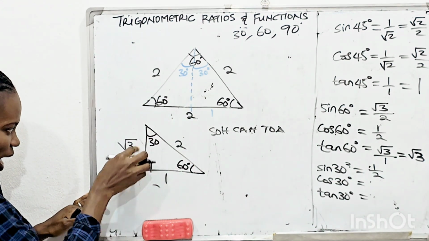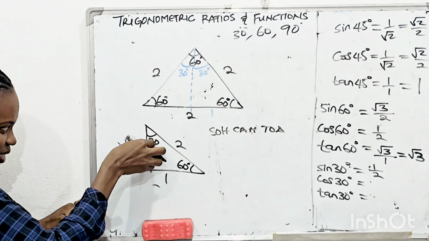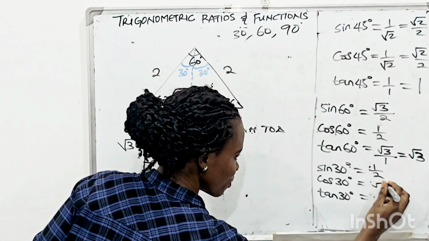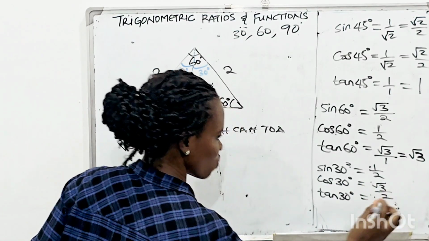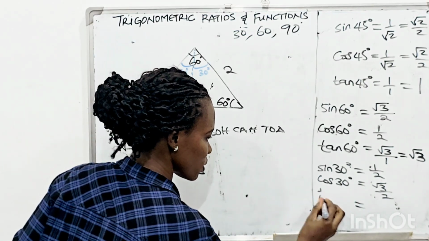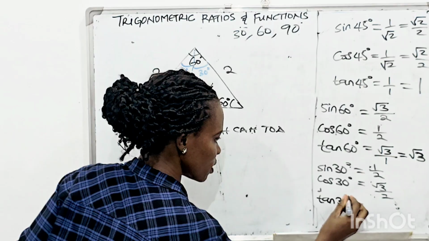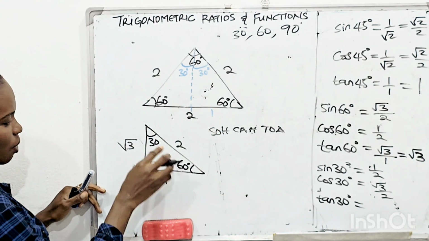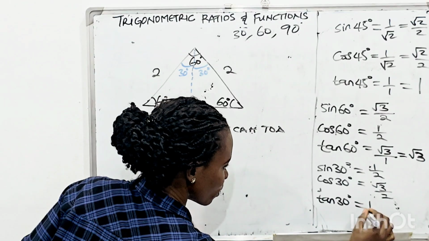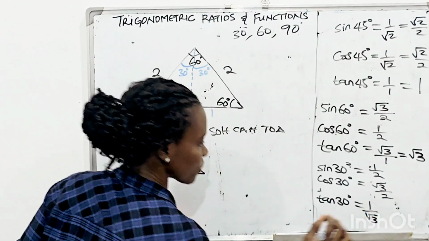Cos, adjacent. So this side here is adjacent to this angle. So adjacent over hypotenuse. So I have root 3 over 2. Which is this one. Tan 30 degrees. So tan 30 will now be opposite over adjacent. That is 1 over root 3.